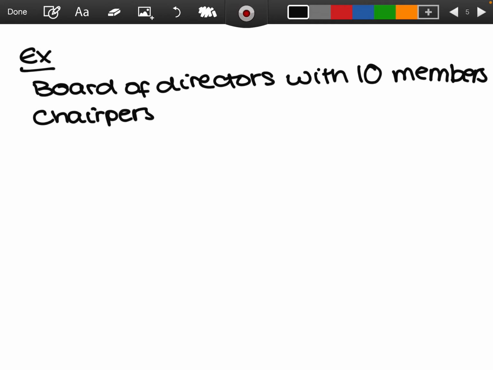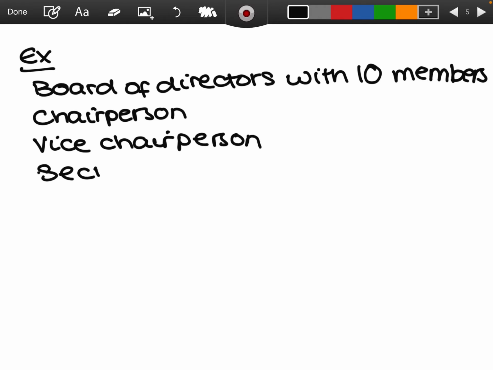Within that board, I need to select a chairperson. I also need to select a vice chairperson. And I need to select a secretary from those 10 members.